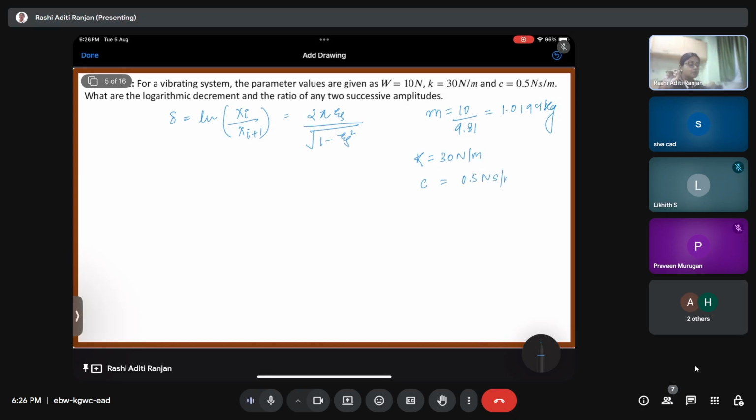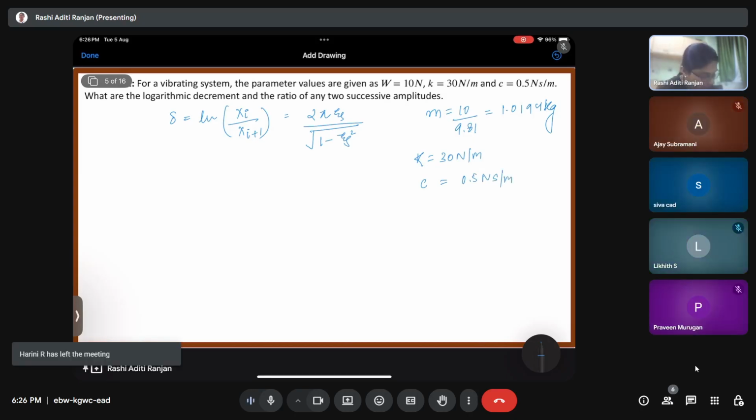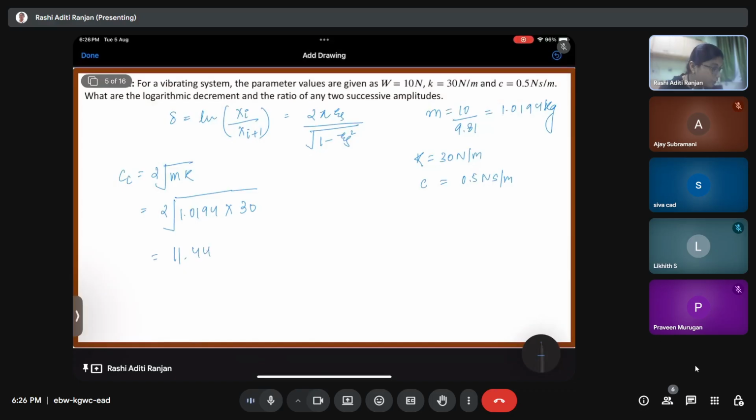Okay. Now, to evaluate eta, what do we have to do? We have to evaluate Cc, which is twice under root of mk. This will turn out to be 2 into under root of 1.0194 into 30, and this will come out as 11.4441 Newton second per meter.